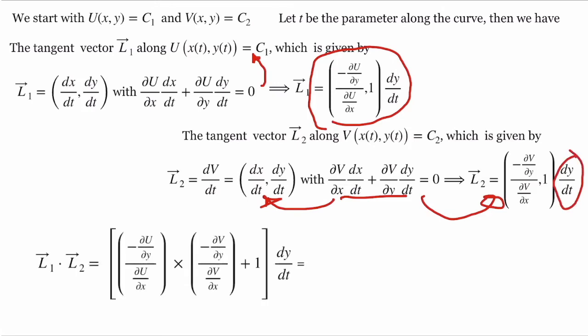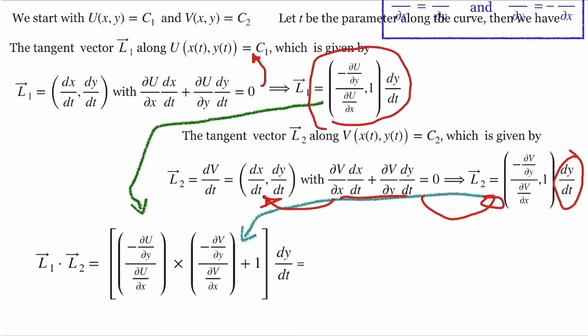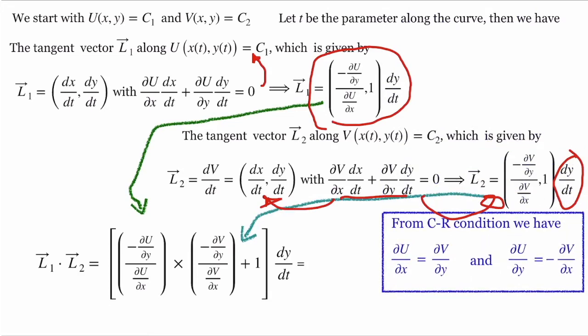Now we take the dot product between L1 and L2, and we see that these two cumbersome expressions get multiplied with each other, plus 1 times dy/dt. It's time to use the Cauchy-Riemann condition in this equation and simplify it further.